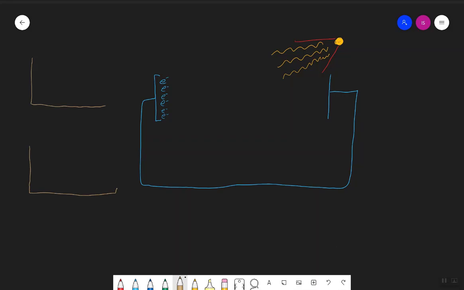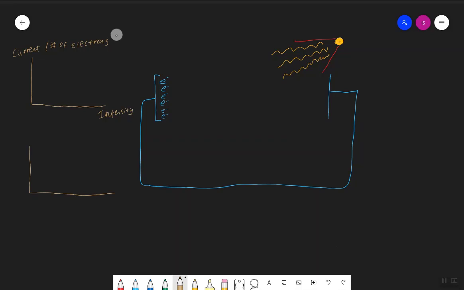So our first graph is going to be intensity of the light, and then this is the current. Right, and the current is proportional to the number of electrons, which is going to be important.